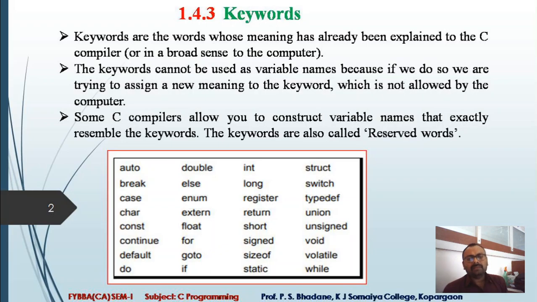Else and if are combined keywords used in the if-else statement. Long is one of the keywords, and a data type. Switch and case are used for switch case selection statements, and you have to see some of the other keywords here.